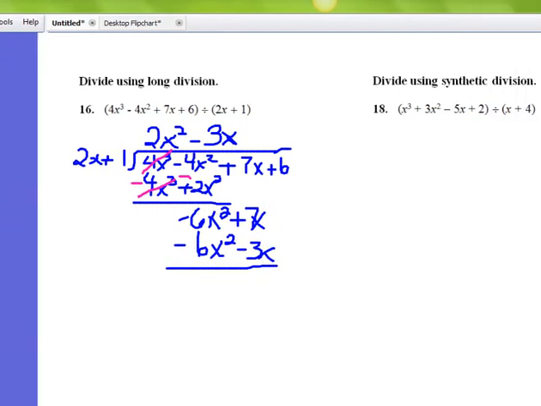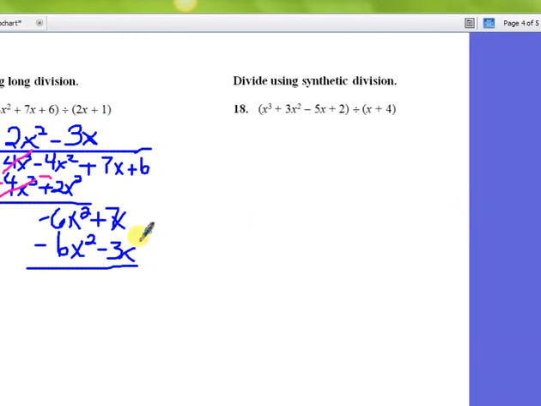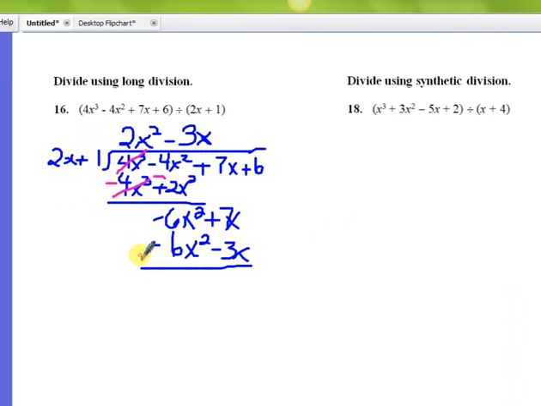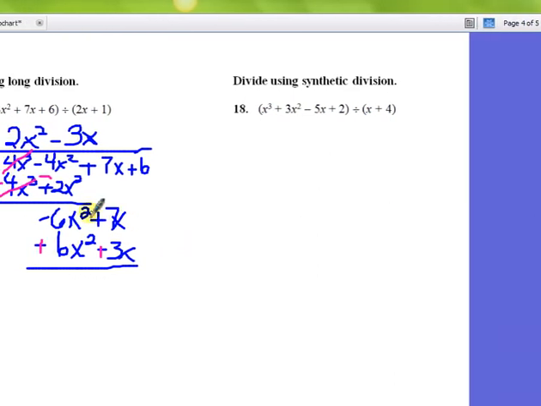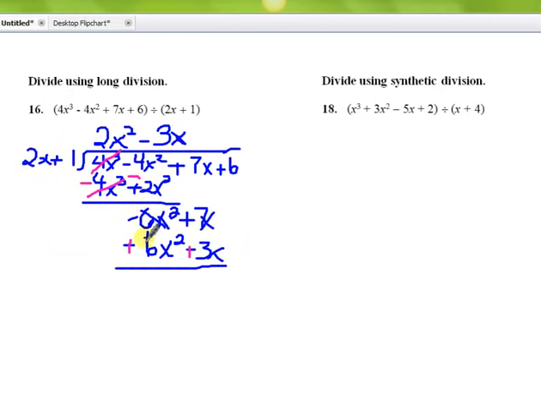And now I'm going to subtract, and again, I'm not just subtracting that first term. When you subtract a negative, it changes this to a positive, and it'll change this over to a positive as well. So a negative, when it's distributed, just flips those signs over. These first terms will cancel out, and when I add these together, I'll have 10x.